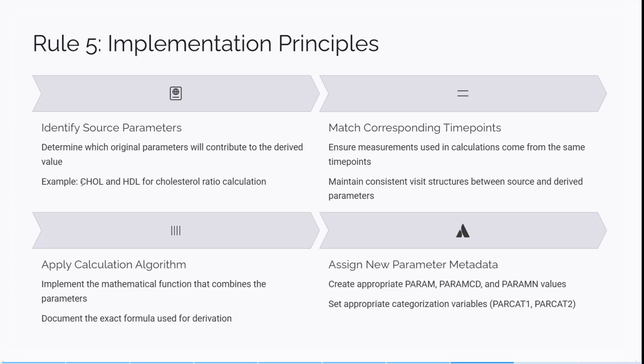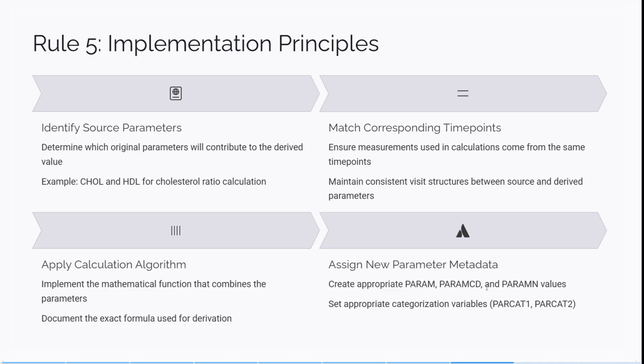Example, you will have the HDL for cholesterol ratio calculation. Then match corresponding time points: ensure the measurements used in calculations come from the same time points, and maintain a consistent visit structure between the source and derived parameters. Apply the calculation algorithm: implement the mathematical function that combines the parameters and document the exact formula used for derivation.